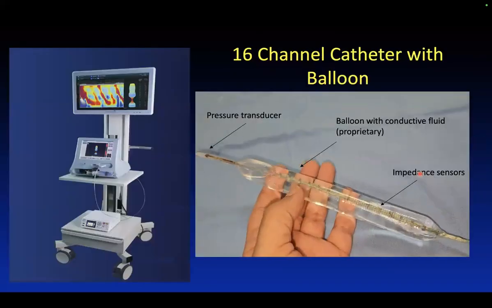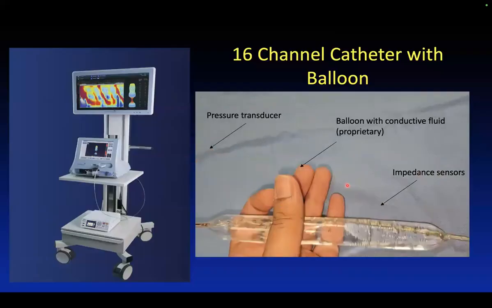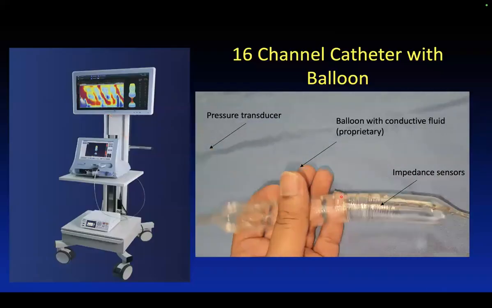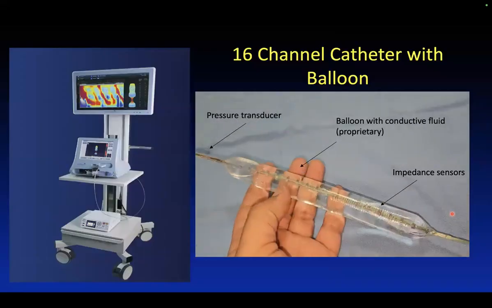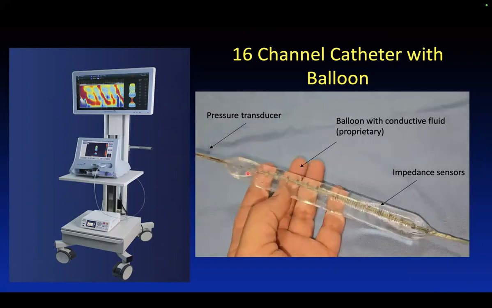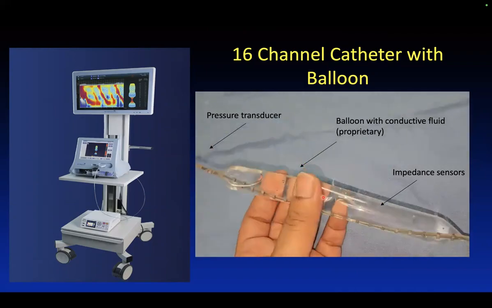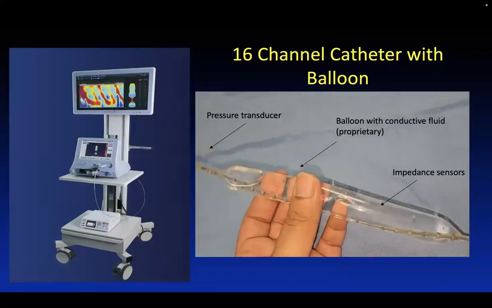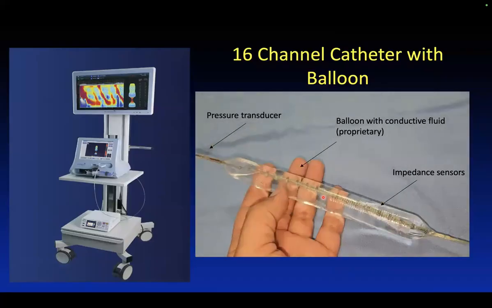Okay. So EndoFLIP is a machine which looks just like a manometry machine, just that the catheter is slightly different. At the catheter, there is a special balloon which has unique properties. This balloon can be filled with a certain kind of conductive fluid. It's a proprietary fluid. We don't know what exactly it is.